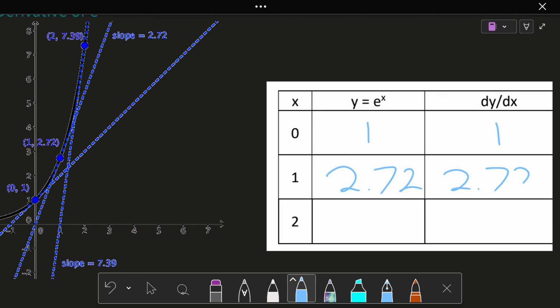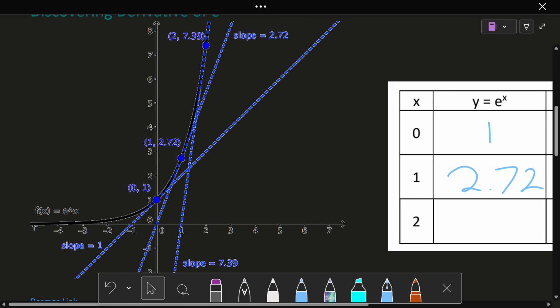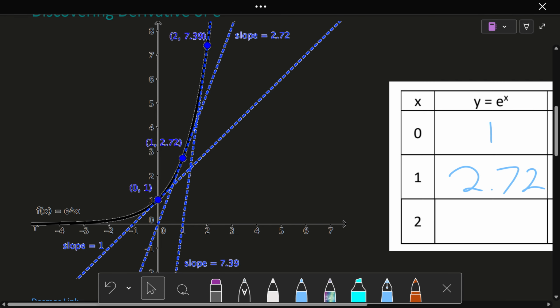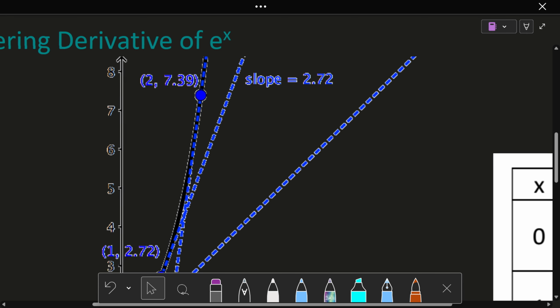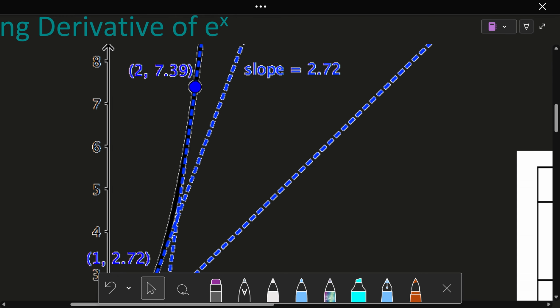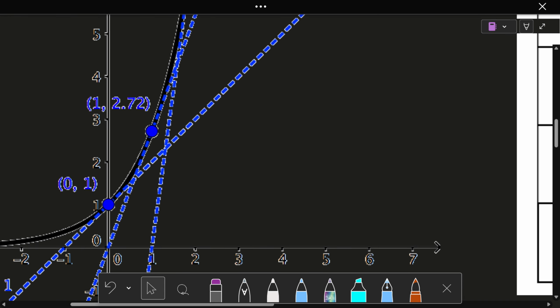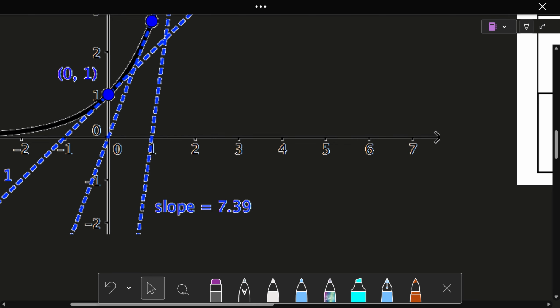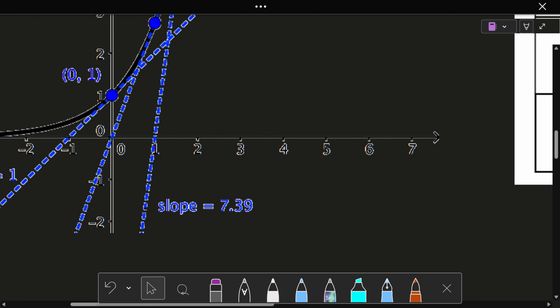Let's look at the last point to see if this continues. When x is equal to 2, our y value would be 7.39, so e to the 2 is 7.39. And if we follow that tangent line down, the slope is 7.39.